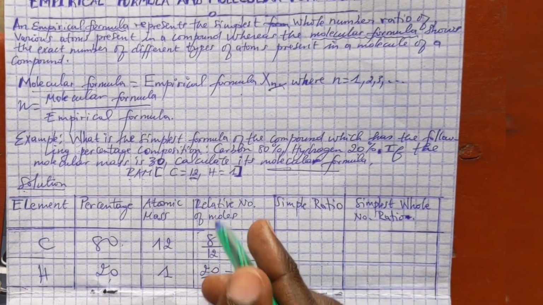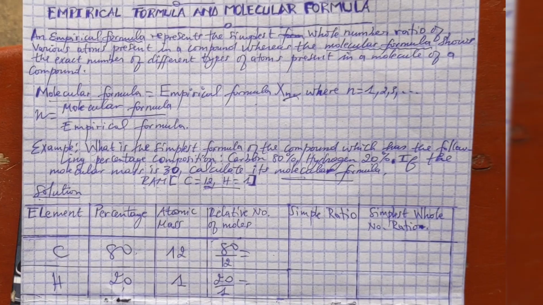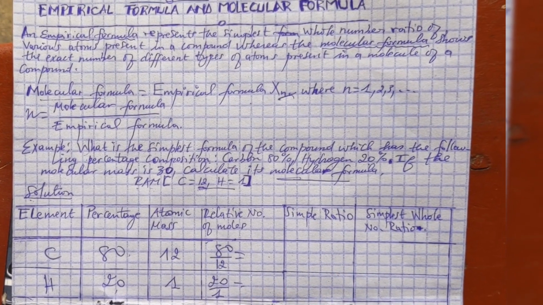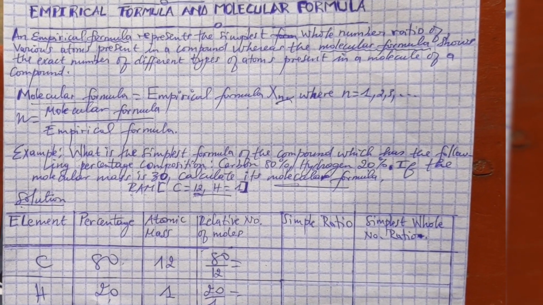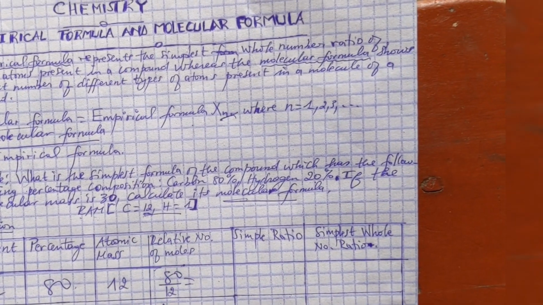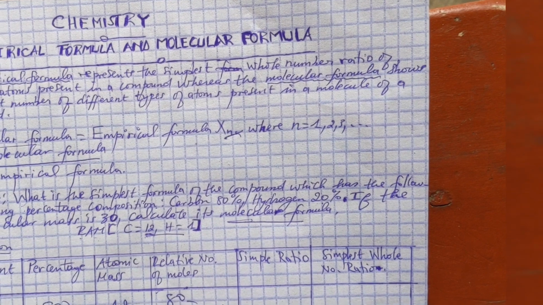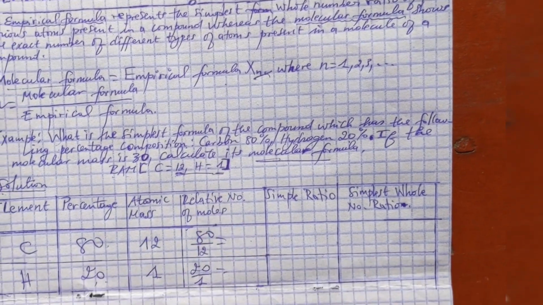You are given those relative atomic masses in an exam or a test, so don't worry about them. The atomic mass of hydrogen is 1.